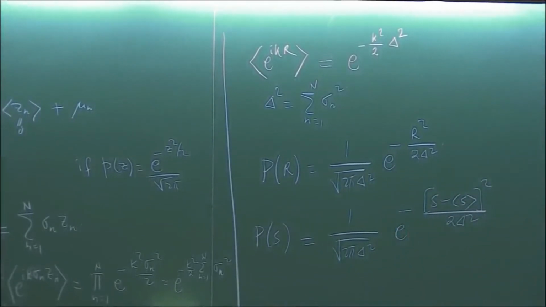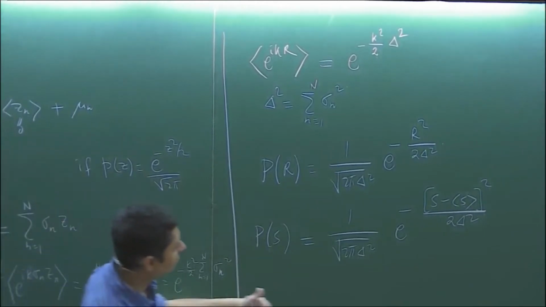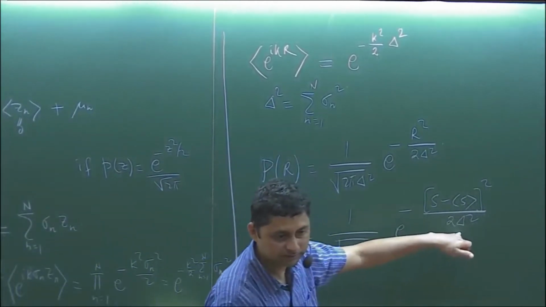So if I have a sum of random variables where these are Gaussian, then the sum is also exactly Gaussian, and all I have to know is the mean and the variance.